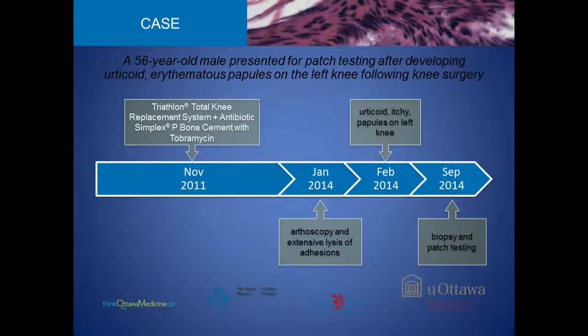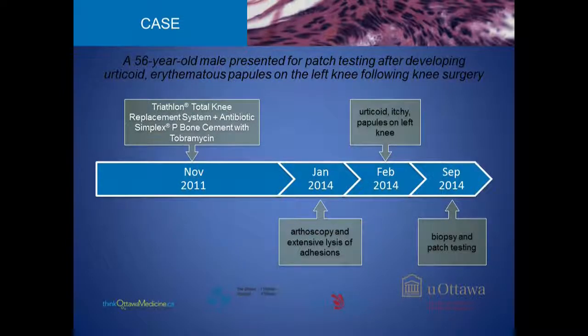The antibiotic is either going to be an aminoglycoside, usually tobramycin or gentamicin, more often tobramycin, or the cement will have vancomycin. The cement, by the way, is methyl methacrylate, but it's cured.